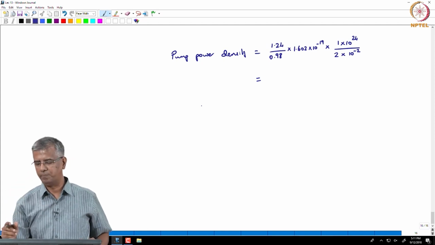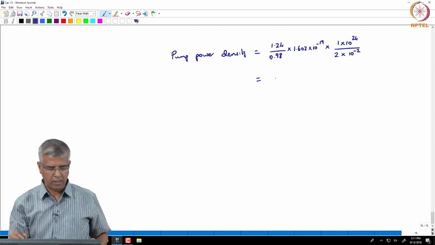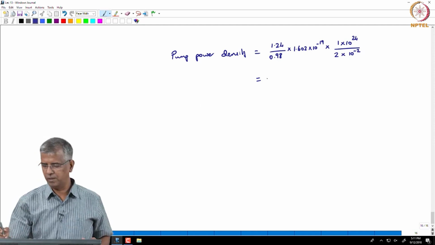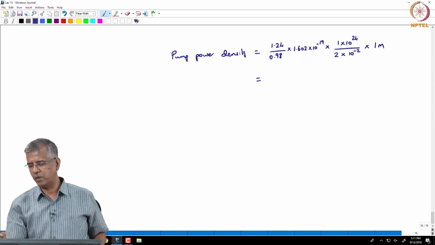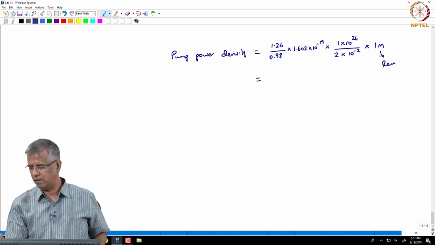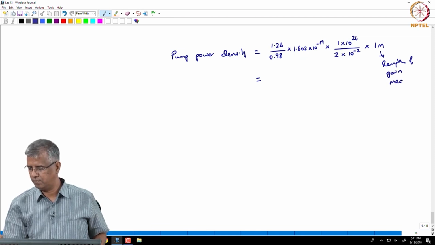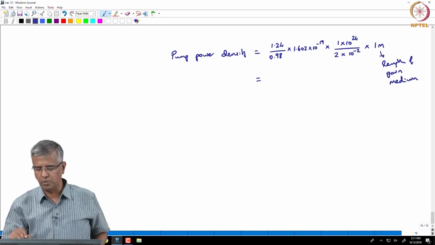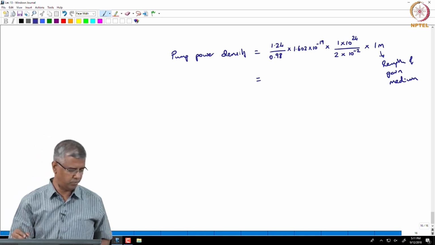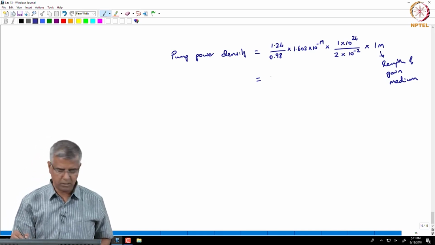Okay. So, you have a cross section. If we assume, let us say this is 1 meter, the length of the gain medium, right, then you get a final value in terms of per meter square.